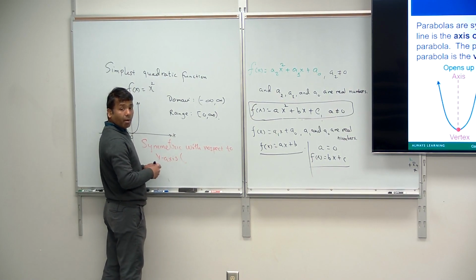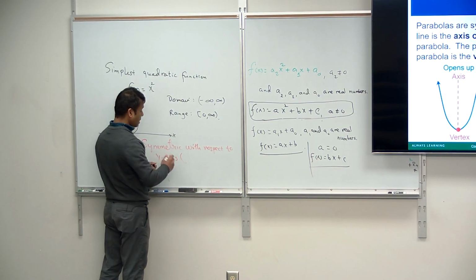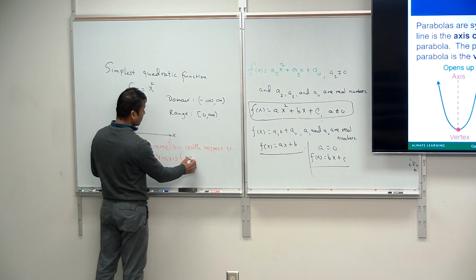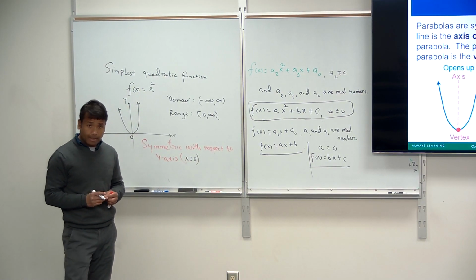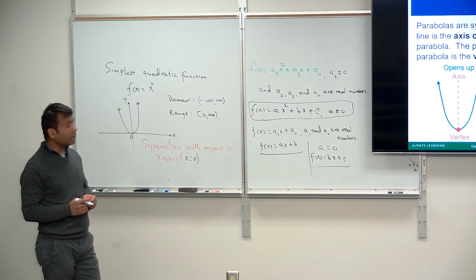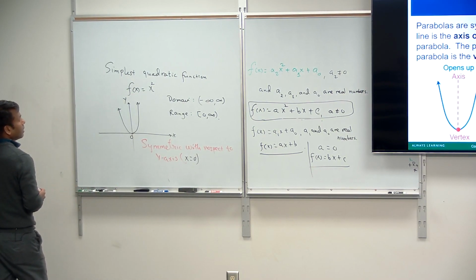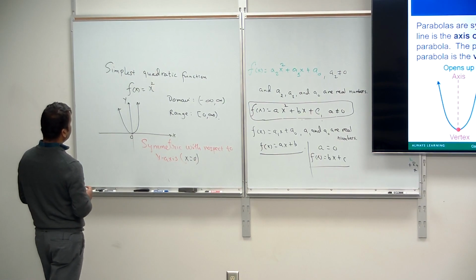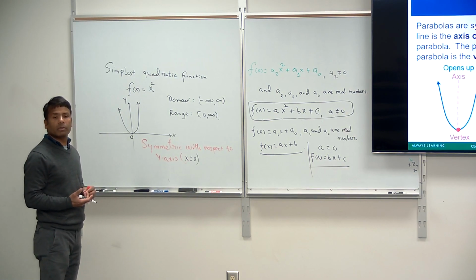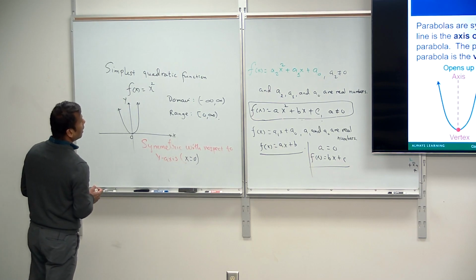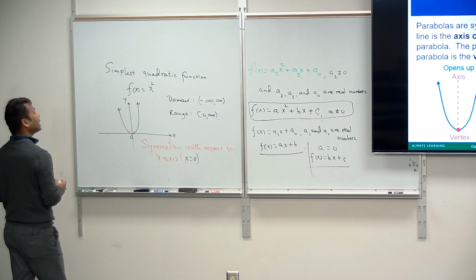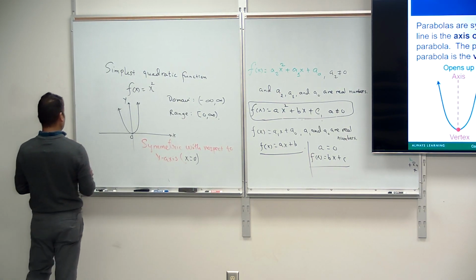What is the equation of the y-axis? x equal to 0, right? This parabola is symmetric with respect to the y-axis, and so the y-axis, or x equal to 0, is the line of symmetry. Or you can say the axis of symmetry.